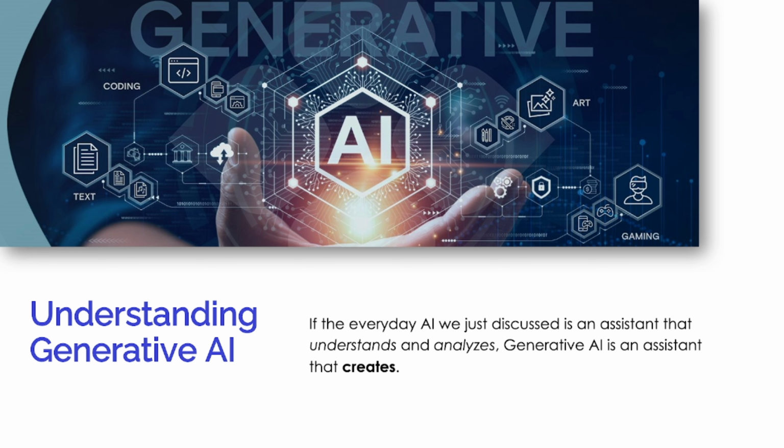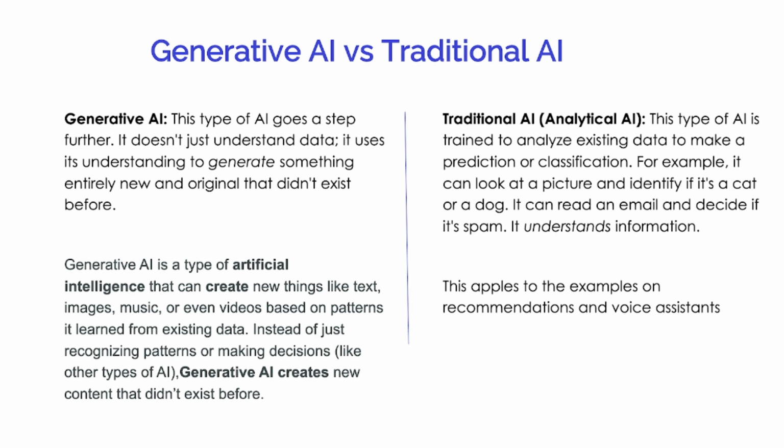Generative AI helps position the common man to partner with AI. Now, like I said, generative AI is the type of AI that goes a step further. It doesn't just understand data, it uses its understanding to generate something entirely new and original that didn't exist before.